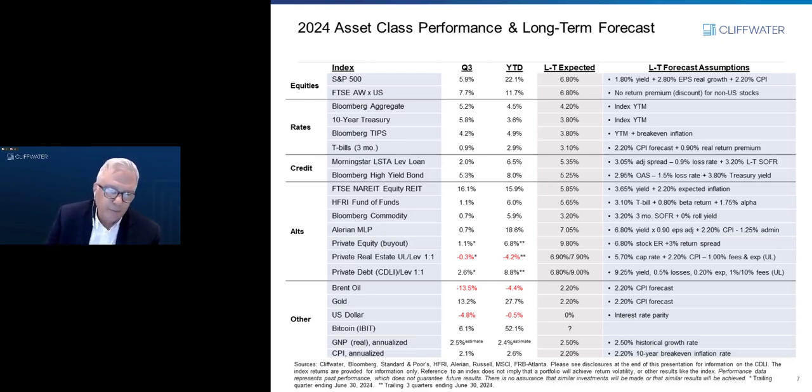In terms of GDP, I talked a couple slides ago about that 2% rate that we've been realizing over the last few years. The estimate for Q3 is a kick up to 2.5. For the year, people are expecting 2.4%. That comes out of the Atlanta Federal Reserve Bank.